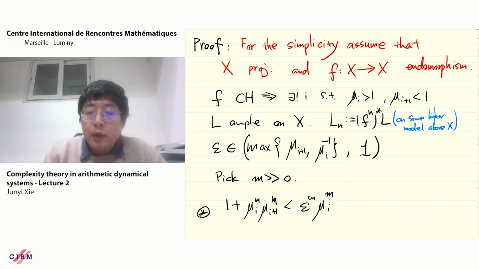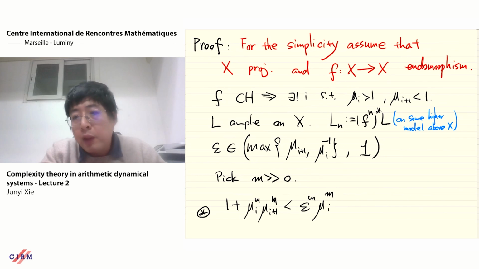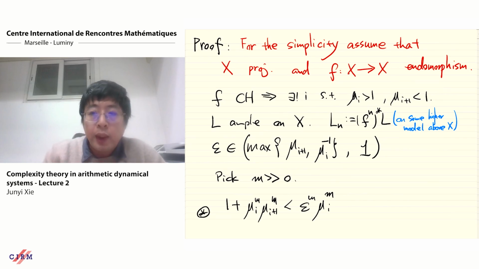So this interval is not empty. Indeed, you can think epsilon is something very close to 1. It's strictly larger than 1, but very close to 1. And now we pick m sufficiently large. Then you have the following inequality: 1 plus mu_i^m, mu_{i+1}^m is strictly less than epsilon^m mu_i^m.